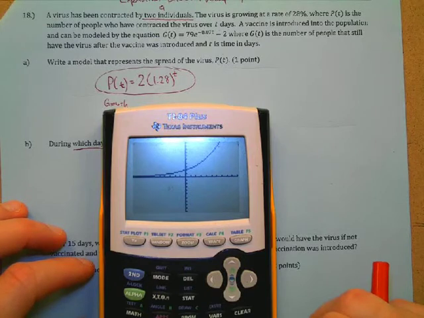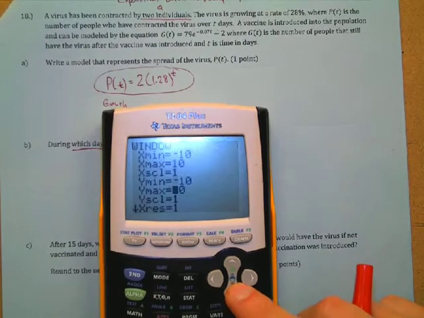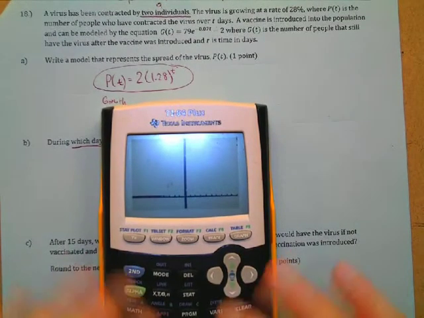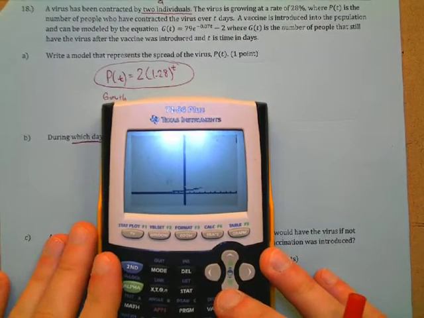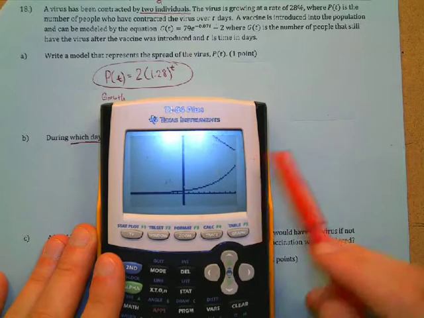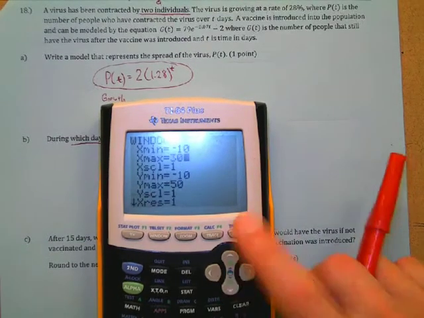Okay, so you can't see it in the normal viewing window, so we'll have to adjust our Y max. Let me adjust it to like 50, so we can see it. We definitely need to find that point of intersection. I need to go over to the right more, so I'll adjust my X max to 30.